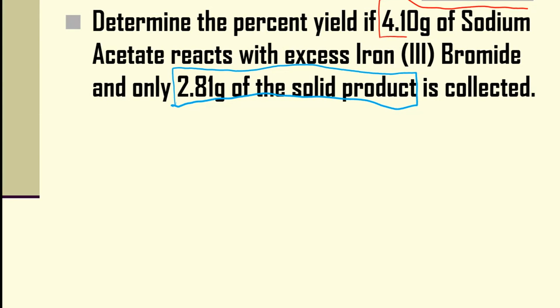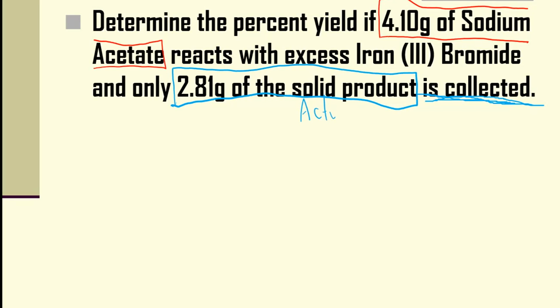One of these is going to be the actual yield, and the other one is going to be what we actually start with. Now, the thing you will want to look for is the words "is collected" or "actual" or something like that. So the fact that there's this thing that says "is collected" right here, that means that this in blue is the actual yield.